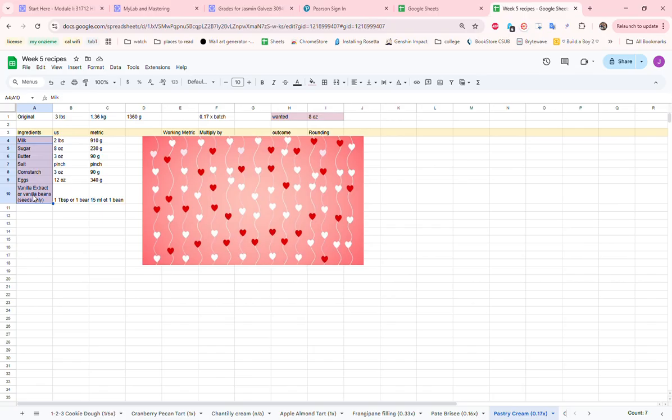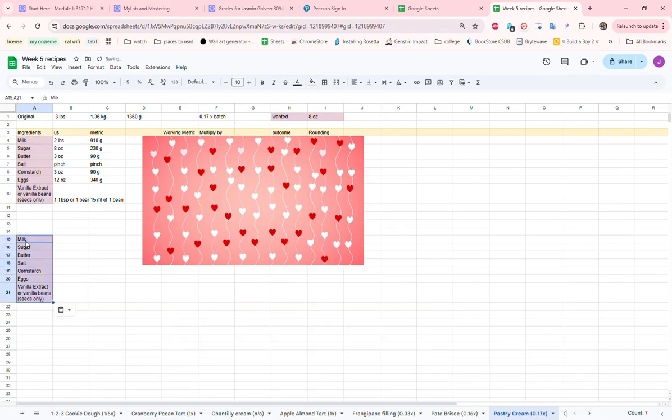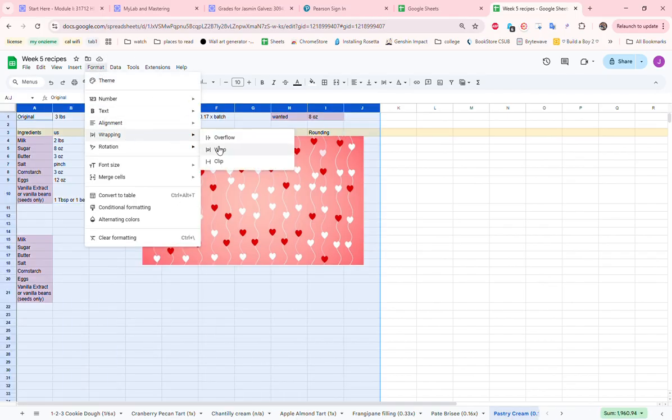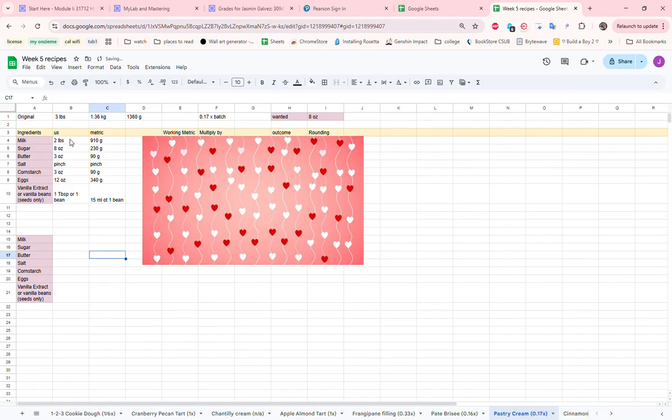Now we're doing the pastry cream. This is a 0.17 batch. We already have our ingredients, US metric. As you can see right here at the very bottom, we have a choice between vanilla extract and vanilla beans for the seeds only.